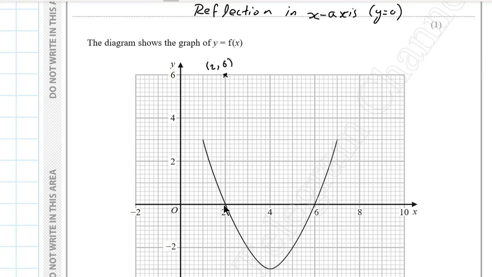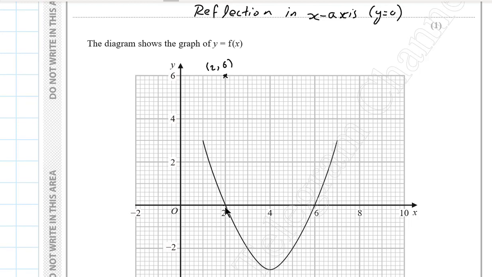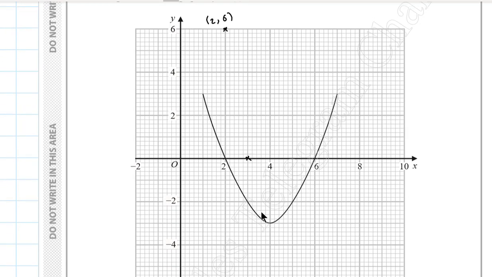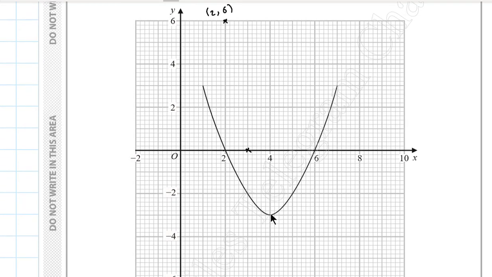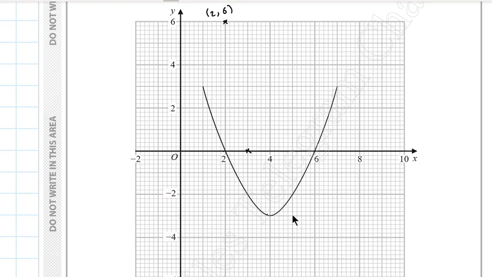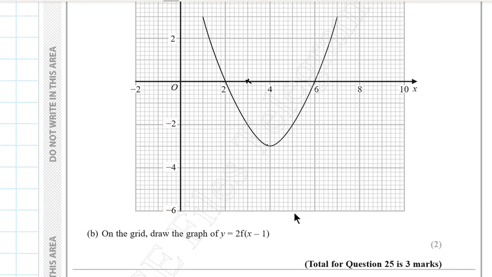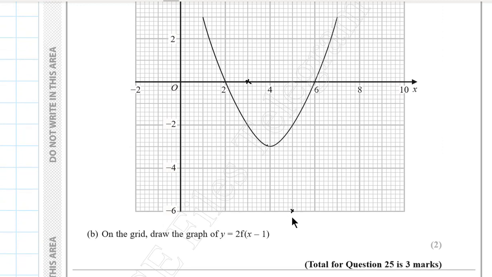Okay, also this point is important. It will be 3 and 0 because the y coordinate is 0. If you multiply it by 2, it will be also 0. So we have 3 and 0 here. And then this point, which is 4 and negative 3, will be 5 and negative 6. At this point, 5 and negative 6.